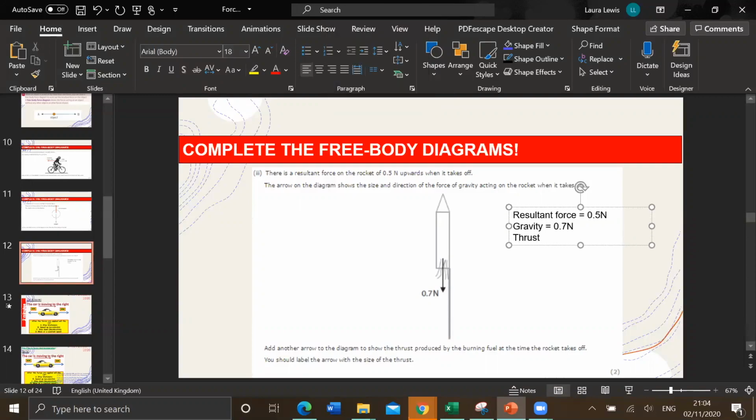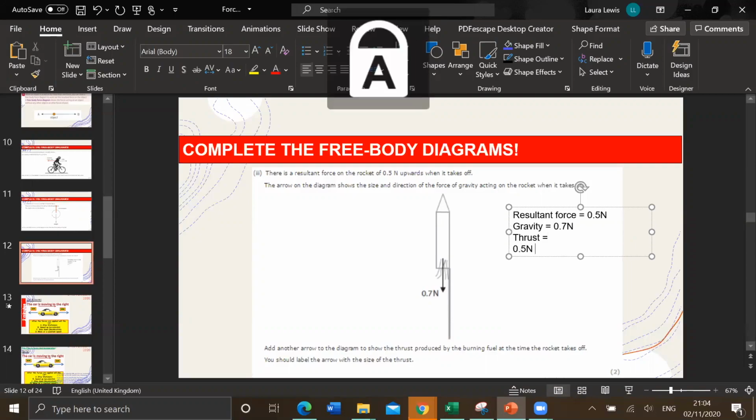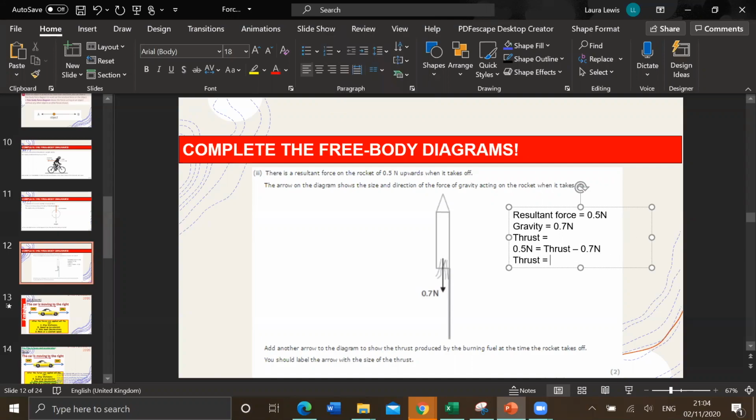To work out the thrust, the overall is 0.5 newtons, so 0.5 equals thrust minus gravity. We know gravity is 0.7, so the thrust will have to be those two added together: 0.7 newtons plus 0.5 newtons equals 1.2 newtons.